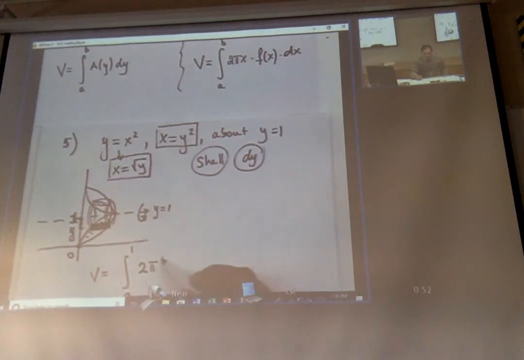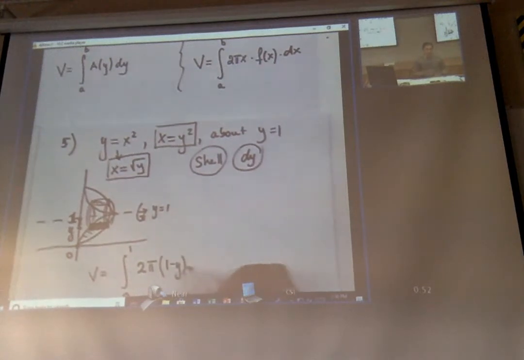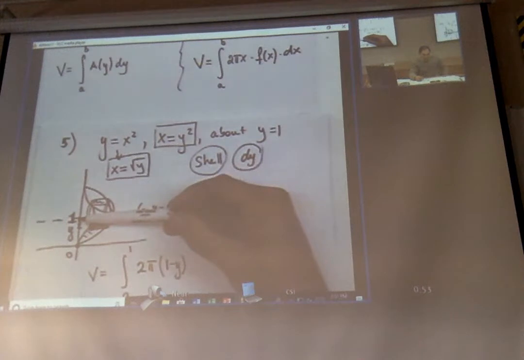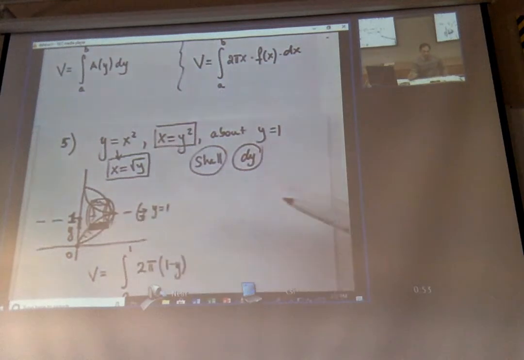This is very important that you know the right radius. It's not always 2 pi x or 2 pi y. If you move your axis of rotation, you have to be very careful. So the distance again from the axis of rotation to y is 1 minus y.